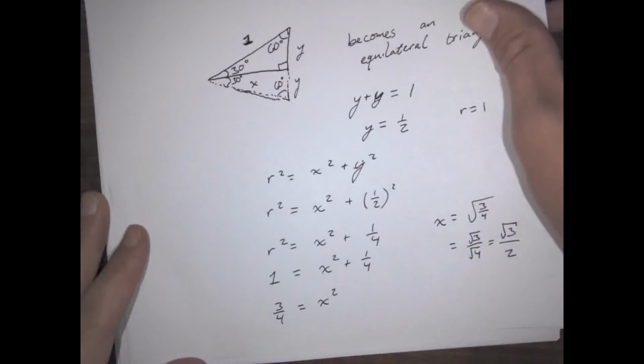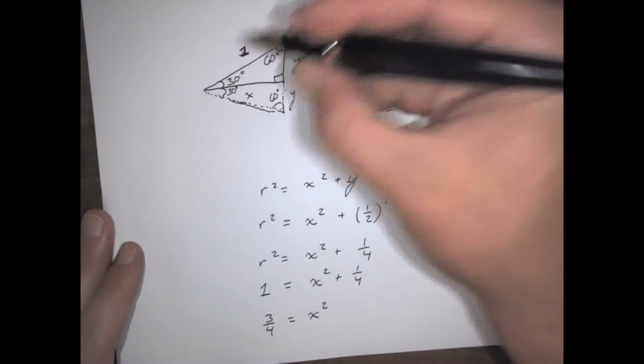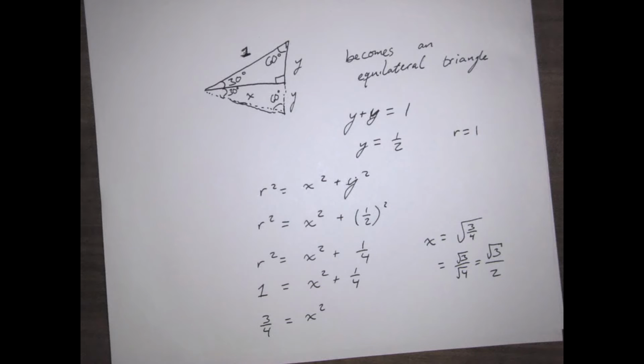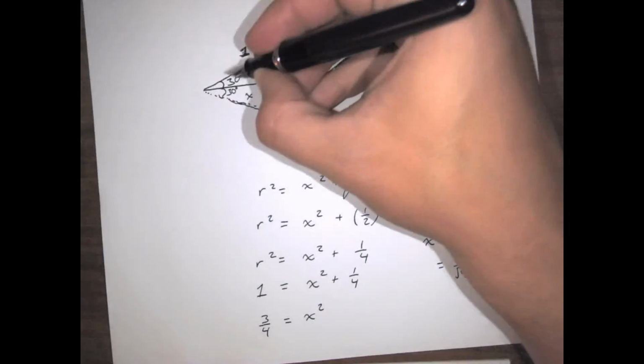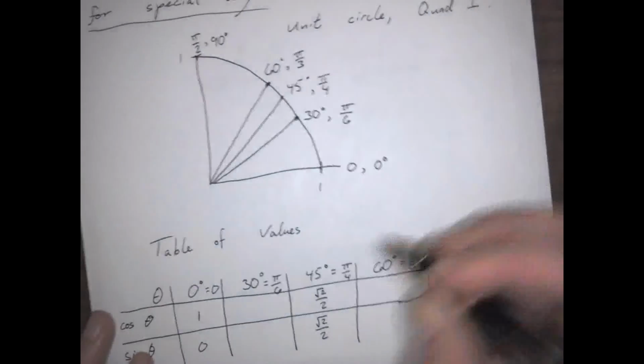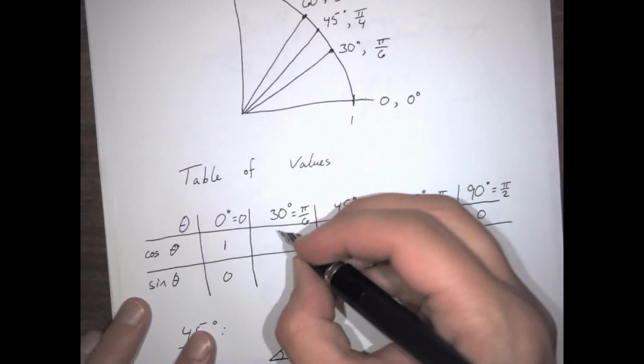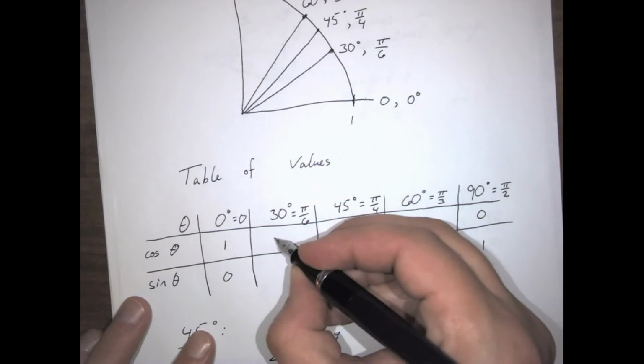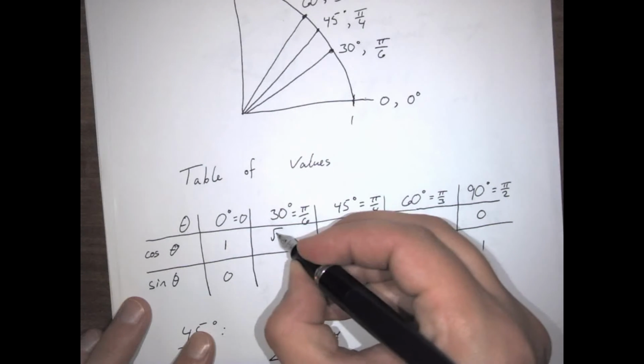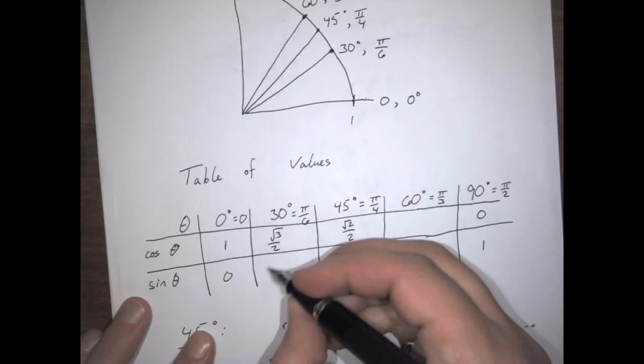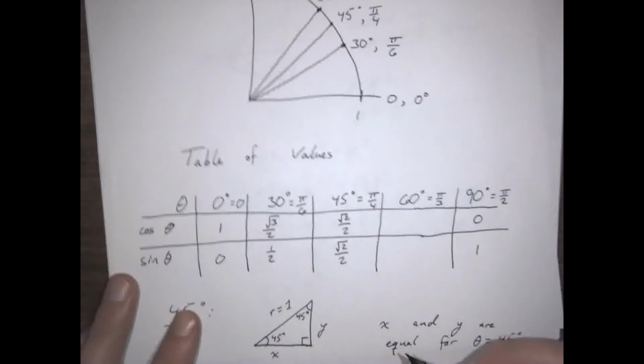So that is the x value and the y value here for this triangle, for the 30-degree angle. So for cosine it was root 3 over 2, and for sine it was 1/2.